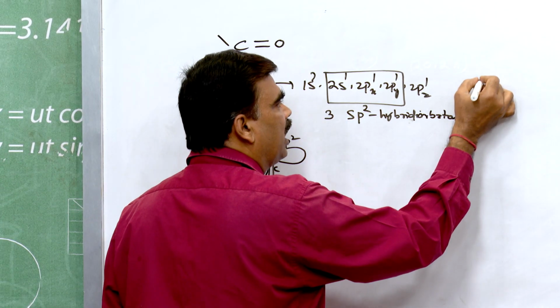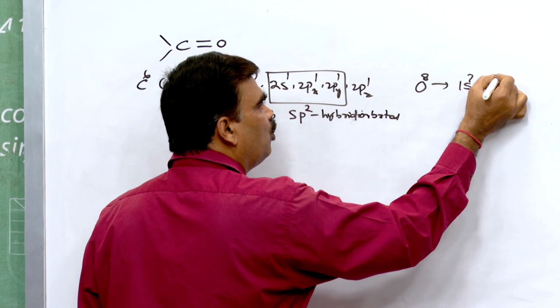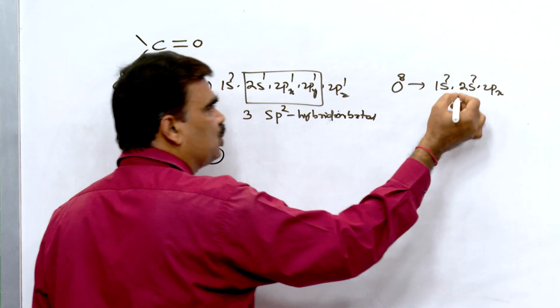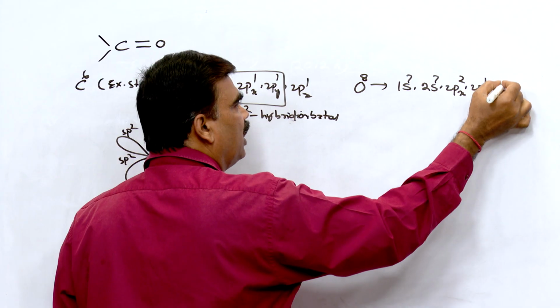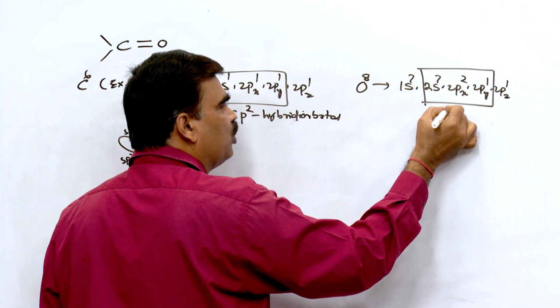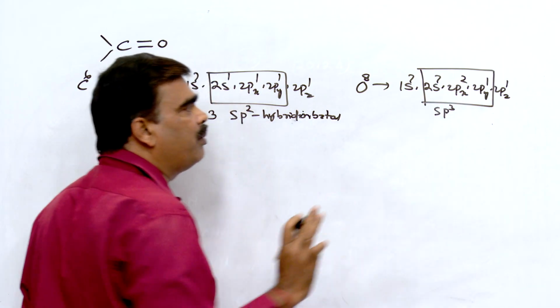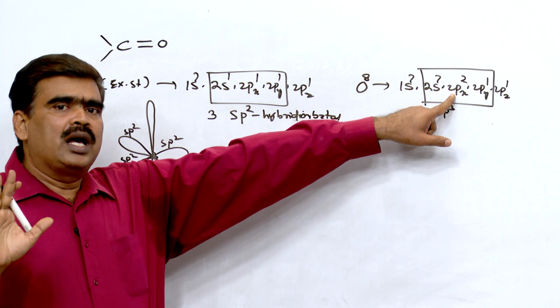What about oxygen? Atomic number is 8. Its configuration is 1s2, 2s2, 2px2, 2py1 and 2pz1. It also undergoes sp2 hybridization, producing 3 sp2 hybrid orbitals. Here you see 2 atomic orbitals are fully filled.